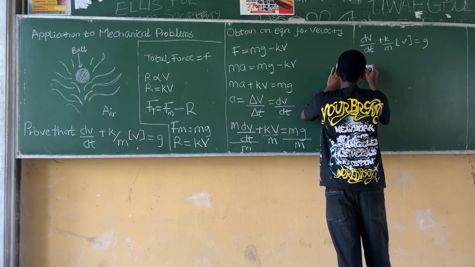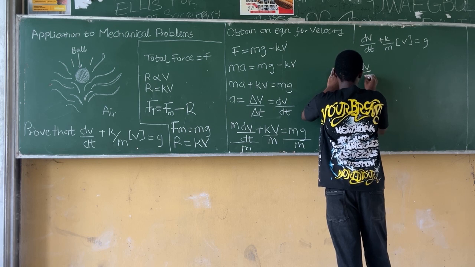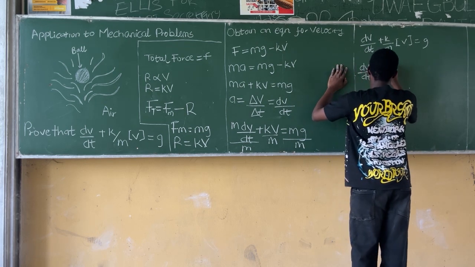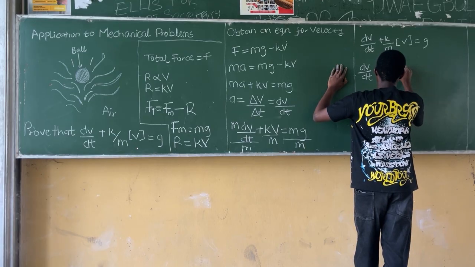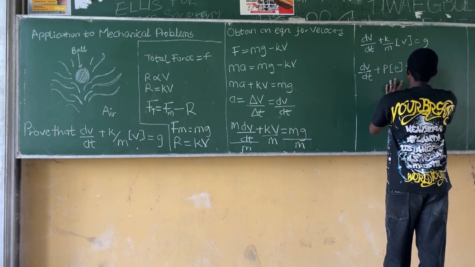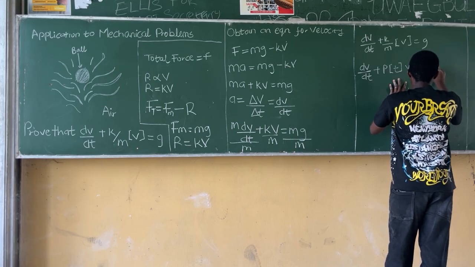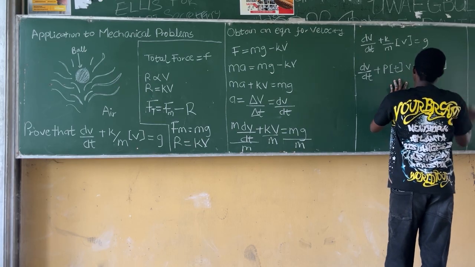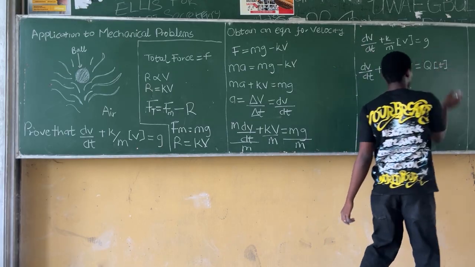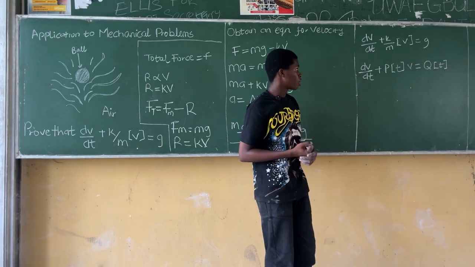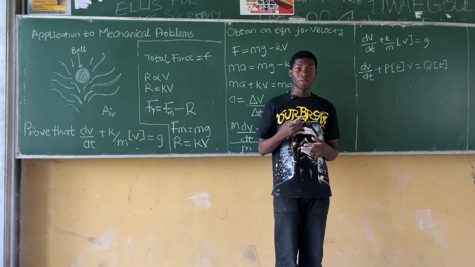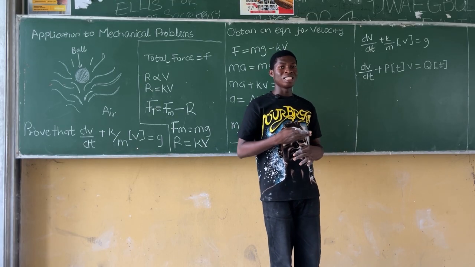The sample equation is dv over dt plus p of t multiplied by v is equal to q of t. You can see that p of t is equal to this and q of t is equal to this. If you're having problems understanding the integrating factor problem, we did a separate video on it, which is a shortcut method.